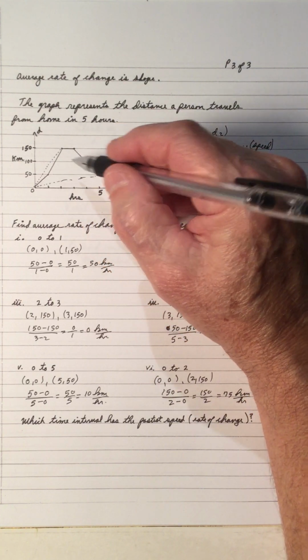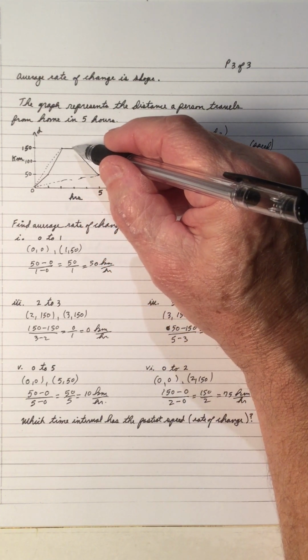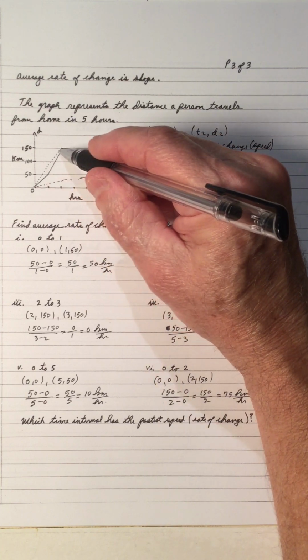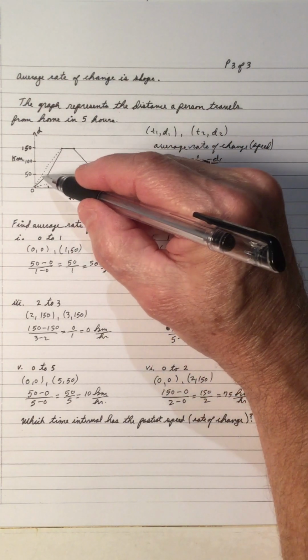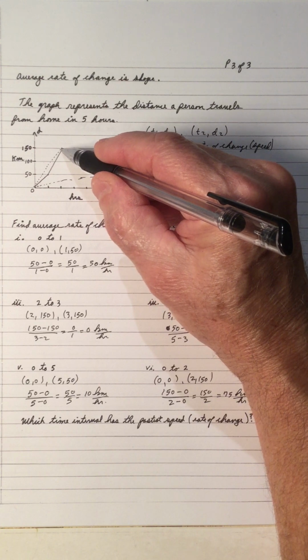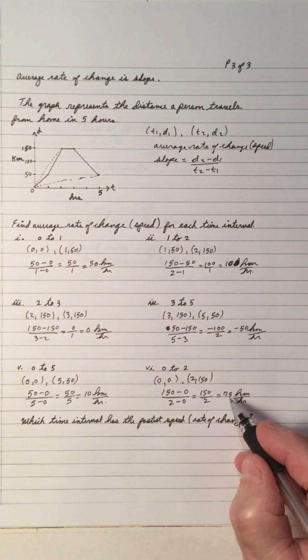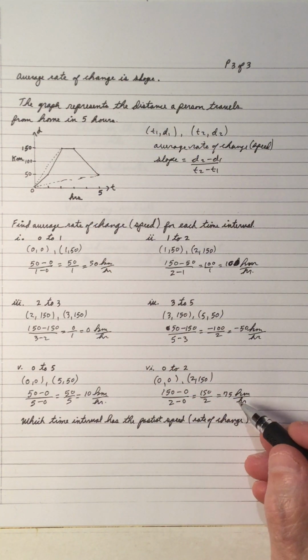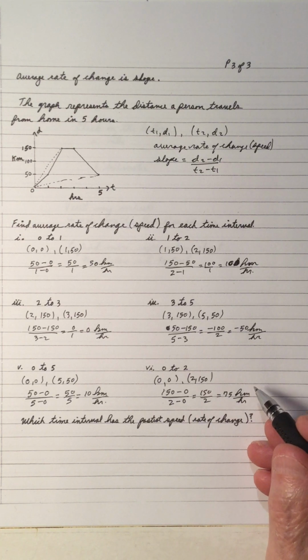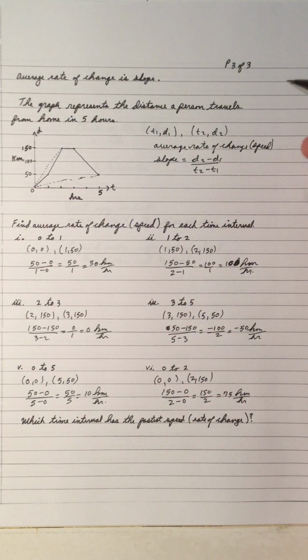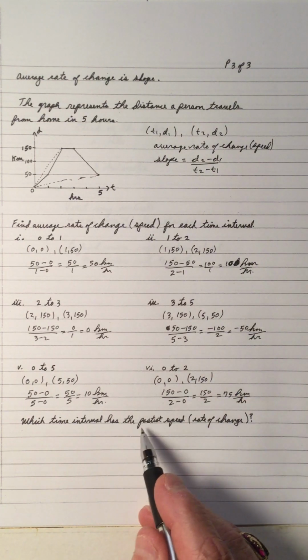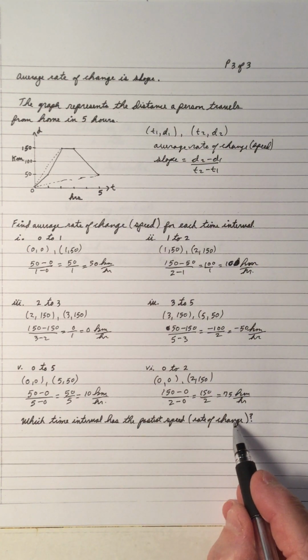So which time interval is the steepest one? Again, we have 150 kilometers in 2 hours, so that's 75 kilometers an hour. So notice the average rate of change depends on the interval. So it's the distance divided by the time. Which time interval has the fastest speed or the fastest rate of change?